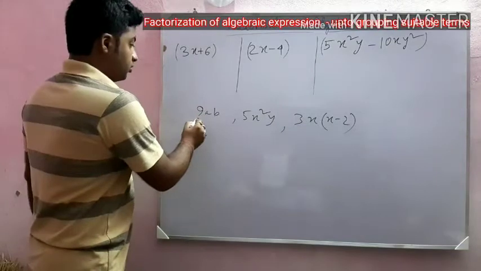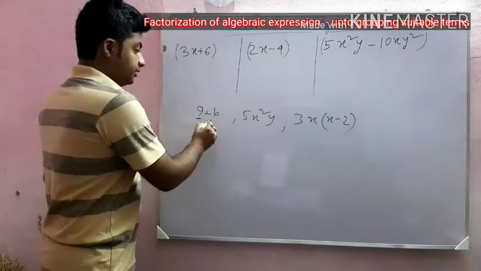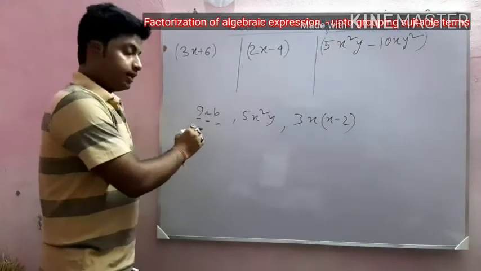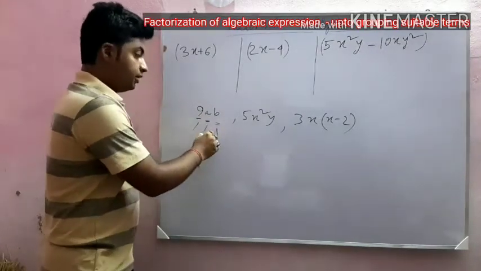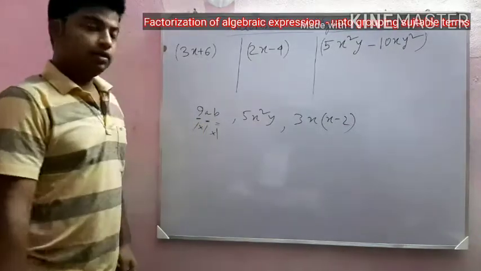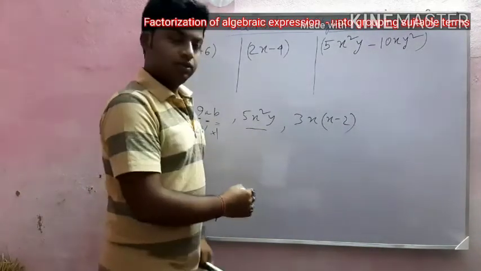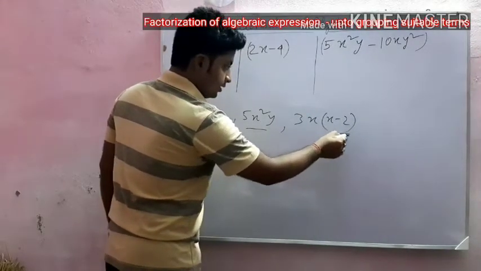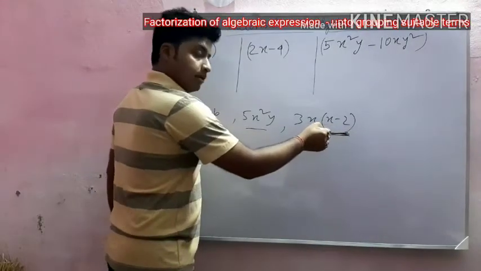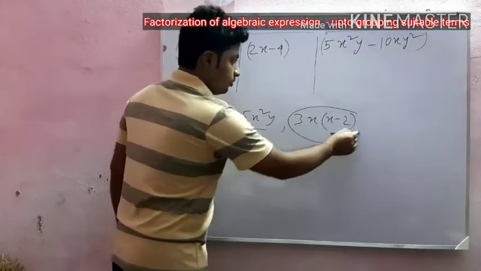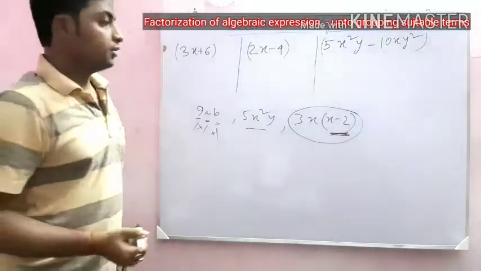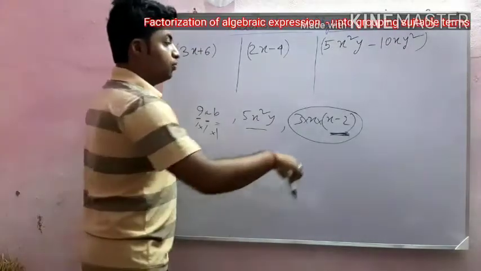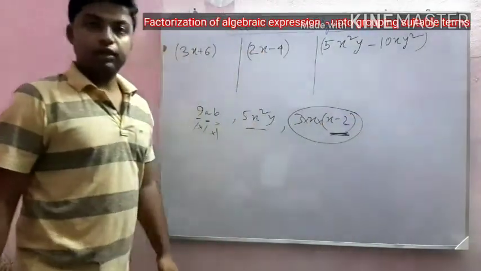Look here, all the constants and variables, the 9, a, b, are multiplied with each other. Here also all of them are multiplied with each other. Here also, if we consider this as a single number, then this total will become a single term. So all of them are multiplied with each other. There is no plus or minus sign in between.